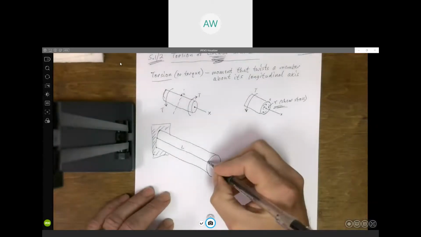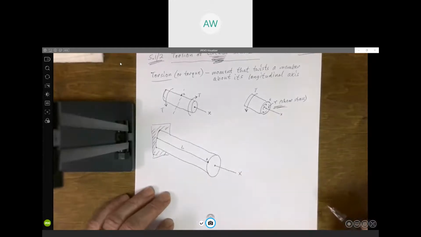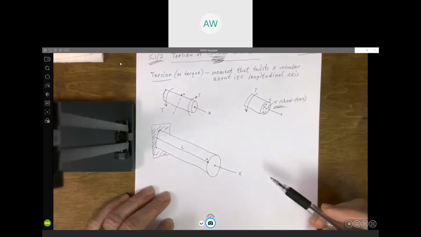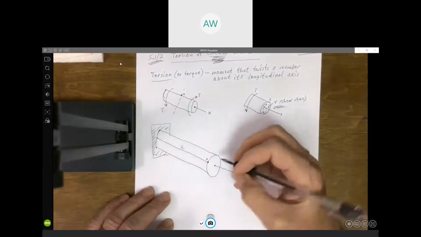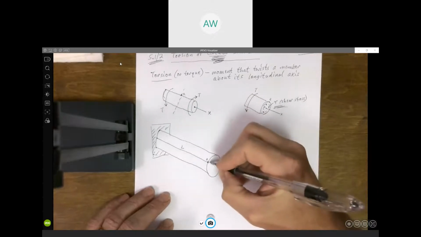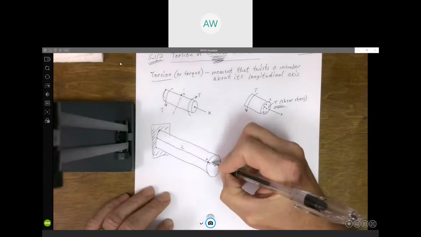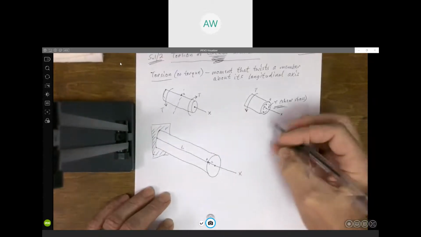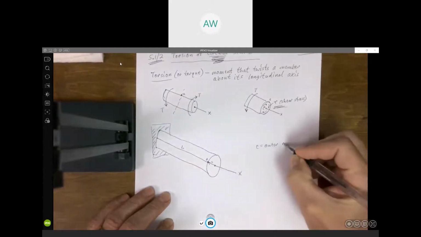And let's say this point here is point A. So if you draw a line along the outer surface of this circular shaft from this end to this end, we're going to define the radius as C. So C here is the outer radius.